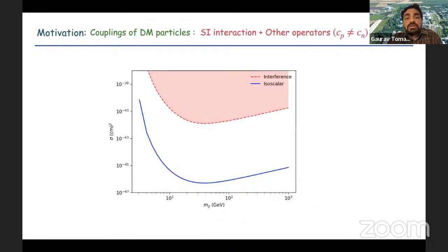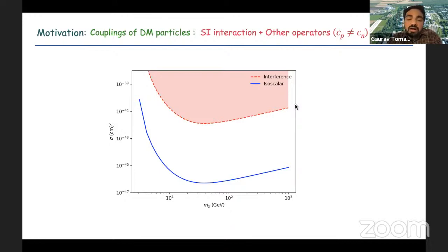What if we include these possibilities? For example, let's relax the assumption that the standard spin independent interaction is the only interaction. There are other kinds of interaction, and also CP and CN are not equal, and that gives rise to this exclusion plot. So instead of this blue one, you will have this red one.